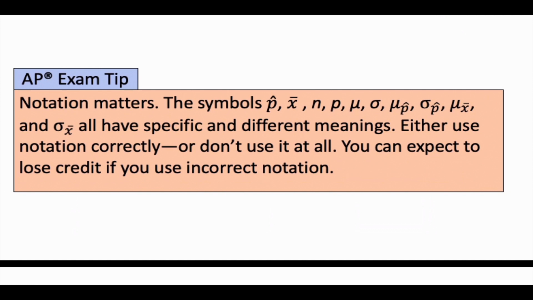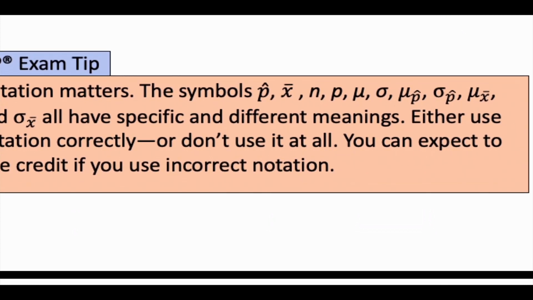So the key thing from now on, you're going to be seeing those symbols quite a bit, is to know what they are, because if you don't use the notation correctly, you can lose some credit for that. So the key thing is knowing what these are.